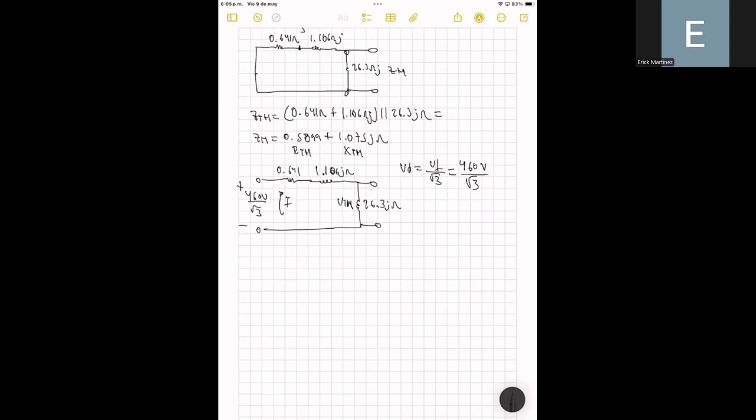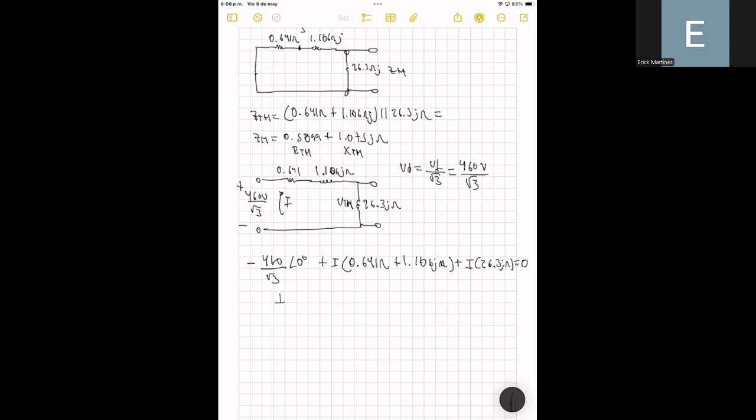So we have minus the voltage here, that is 406 divided by the square root of 3, and this has a value at 0 degrees, plus I times the value of this impedance, that is the equivalent impedance of these two elements, 0.641 ohms plus 1.106 j ohms, and plus I times 26.3 j ohms, and this is equal to 0.